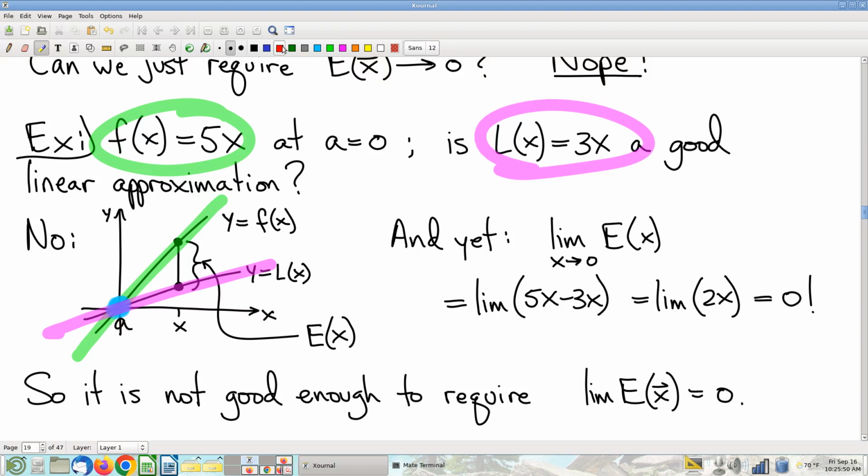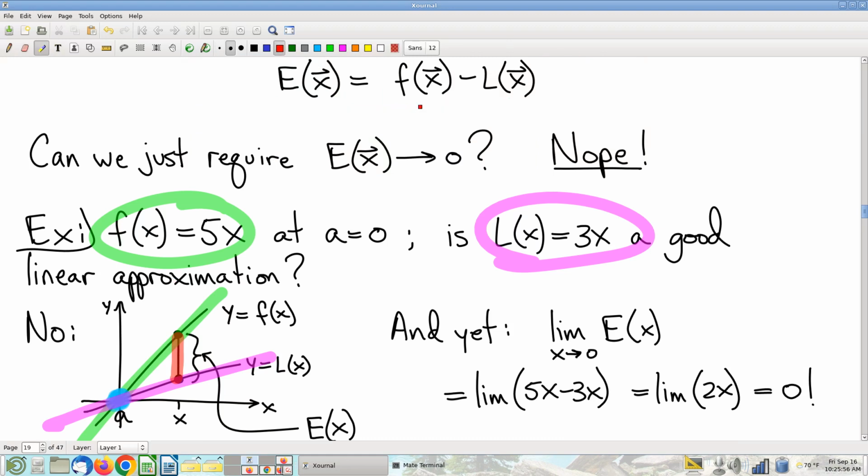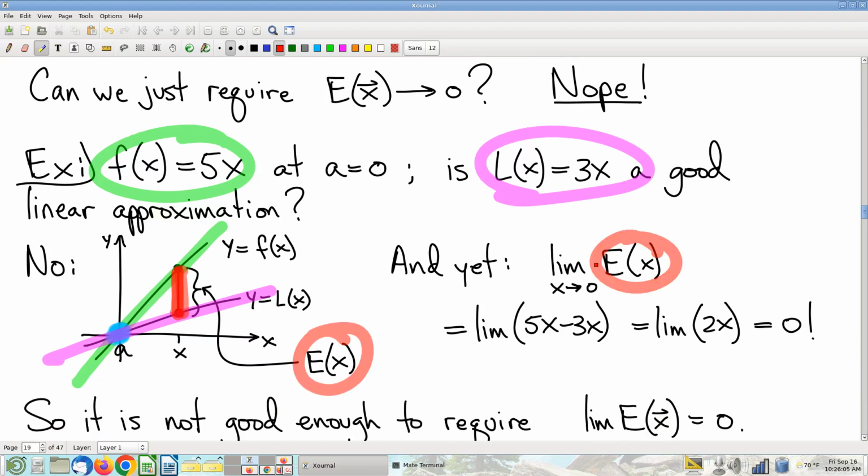But check it out. The error, keeping in mind the error is the difference between the function and the approximation, does indeed go to 0, right? I mean, the error is 2x, easily computed, and as x approaches a, you can just watch this error going down to 0.